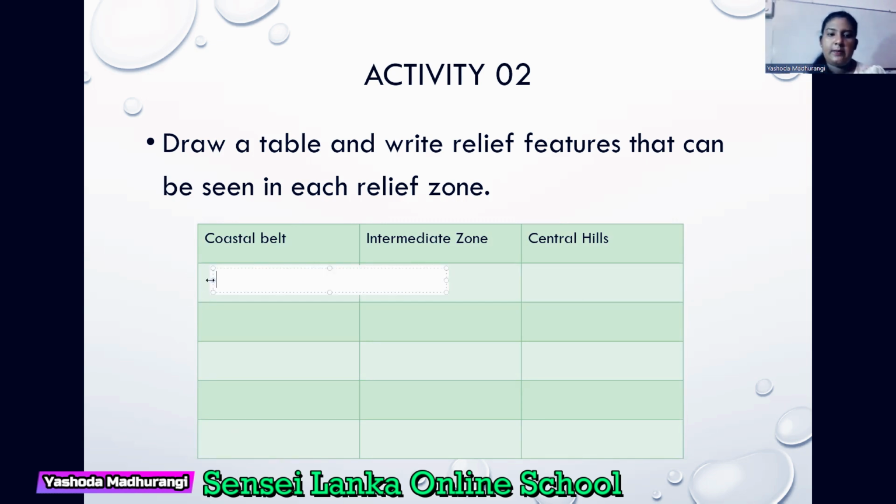In the coastal belt, what can you see? You can see delta, sandbars, bays, lagoons, points.